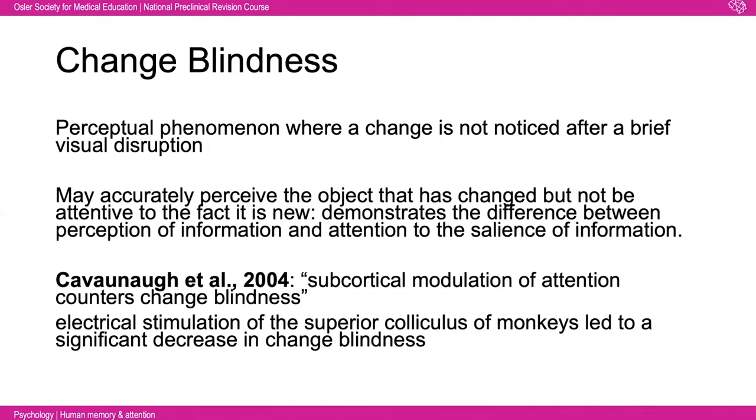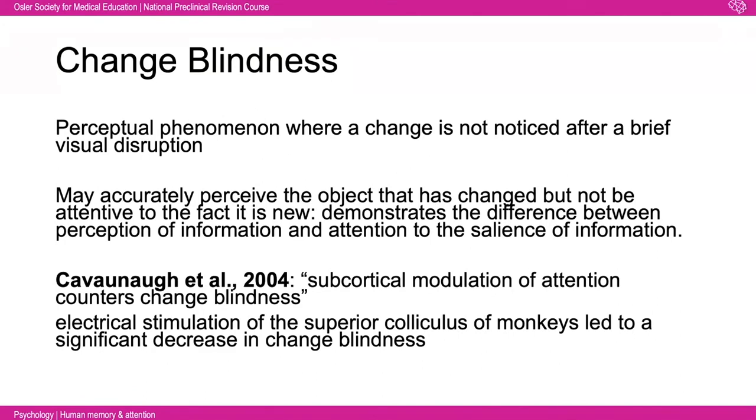And when you're looking at the new image, you might be accurately perceiving the new image. If someone asks you to point out where the duck is, I'm sure you could say, well, the duck's there, but you might not have noticed that that's different to the previous image. And so this demonstrates that perception and sensation versus attention are different. And I know I keep harking on about that.